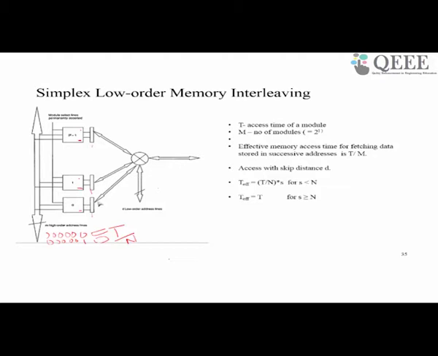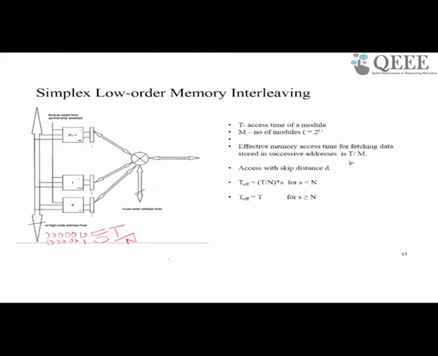So it will first take data 0, data 1, data 2 and up to data 2 power n minus 1. By the time it gets over, a new set of n data will be available, which will be stored, and so on. Effectively this can act as a very fast memory which is n times faster, and for a sequence of memory accesses in successive locations, data can be fetched at a rate of t by n. So we say that the effective access time is just t by n.